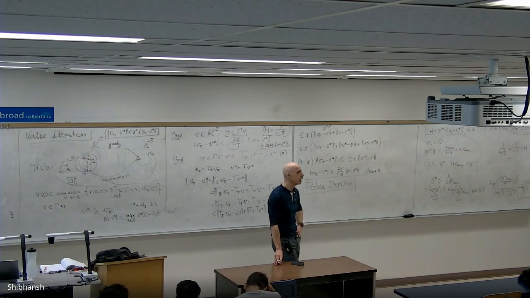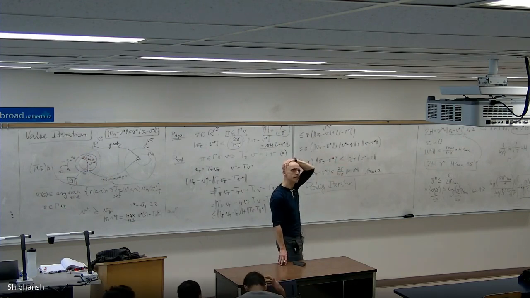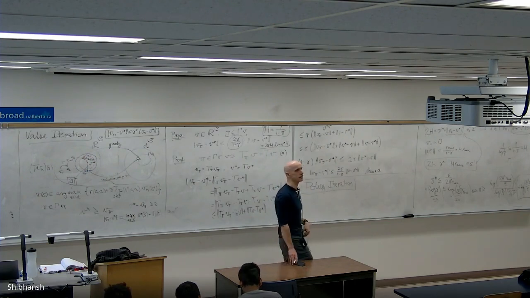All right, so here, one thing to note is that the MDP had s squared a parameters. h was not a parameter, but the complexity depends on h. So this is kind of a non-uniform complexity bound. Just because the MDP has so many states and actions doesn't mean that you can get an optimal policy with value iteration regardless of the value of h. If h gets really large, this is going to take longer and longer.